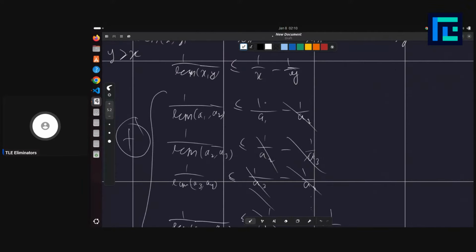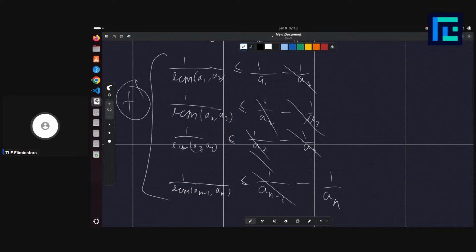You saw here that my sum is this one: 1 upon LCM of a1 a2, 1 upon LCM of a2 a3, a3 a4, up to n minus 1 an.